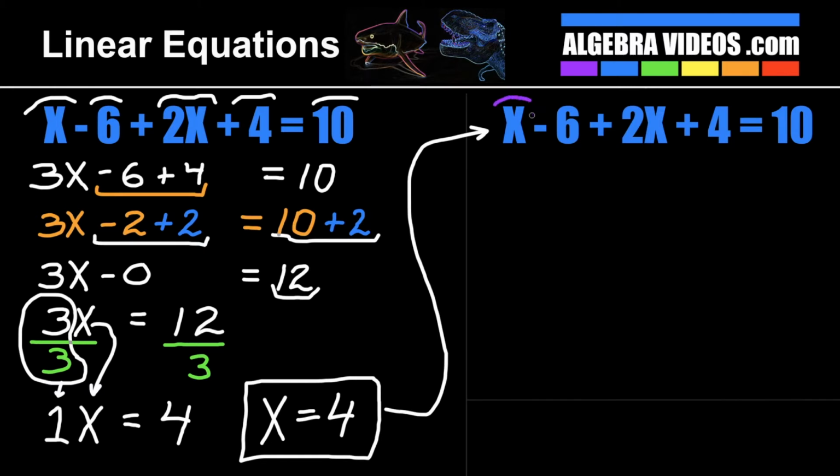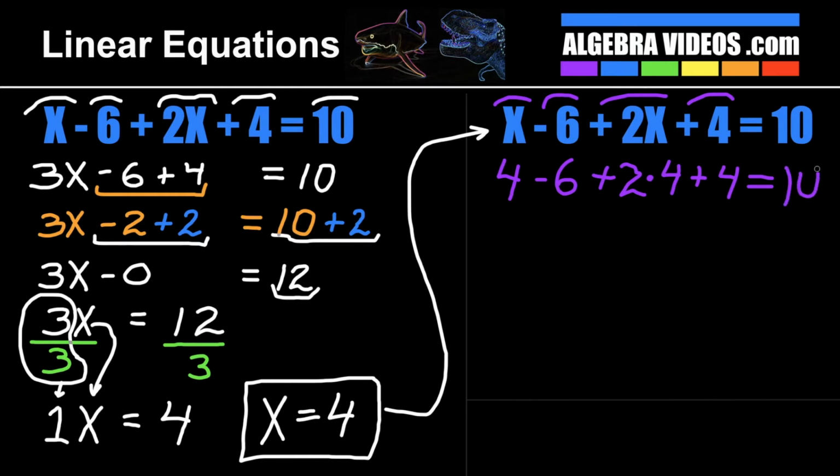So for this first x, I'm going to plug in a 4. And then I'm just going to copy what's right here, minus 6. That's a minus 6. And then plus 2x. So plus 2 times x. And what's our x? 4. We're plugging in a 4. Plus this last term here of 4. And then over on the right side, that equals 10.